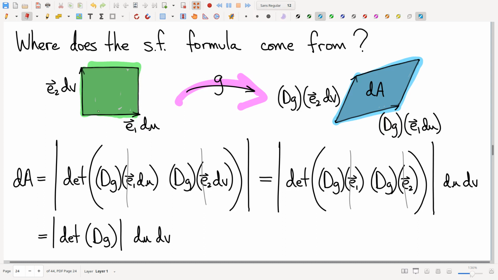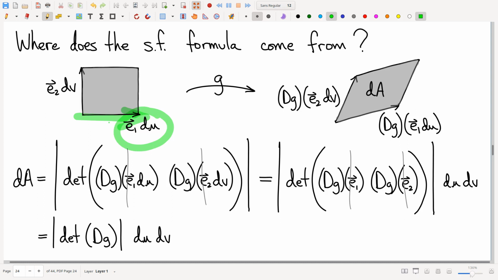Just make sure to remember that these edge vectors, we know exactly what they are. That one there that I have in green, it's in the E1 direction. This is a little square of width du and height dv. So this horizontal one is E1 du. Right?